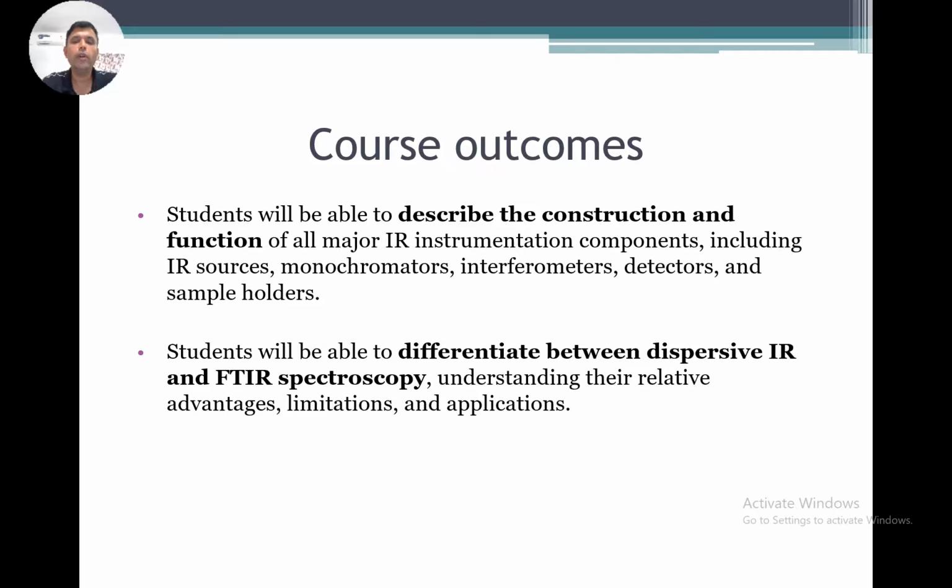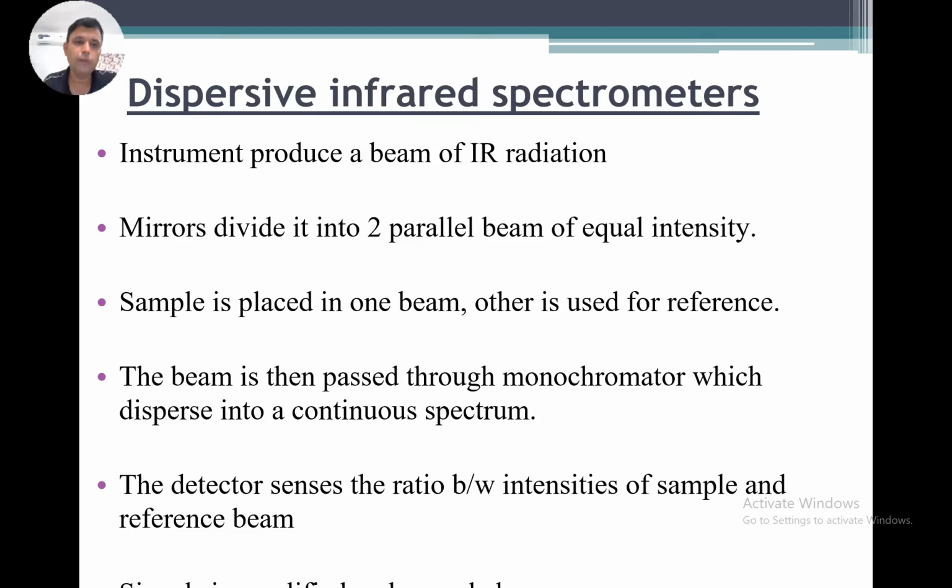And also you will be able to differentiate dispersive IR and FTIR spectroscopy. We can see the main advantages, limitations, and applications of these techniques. So these are the course outcomes we expect from this topic. Let us see the topic in detail.